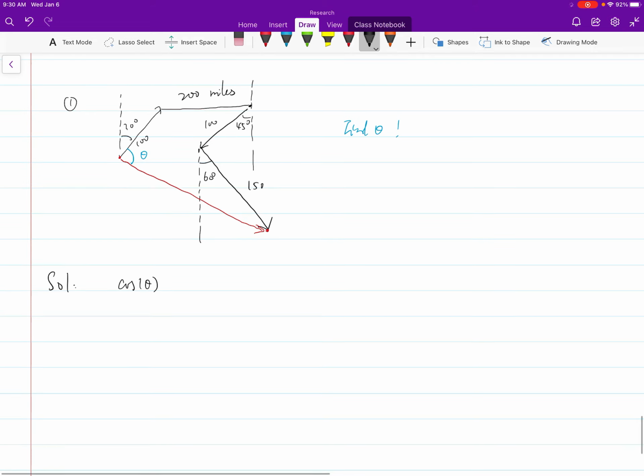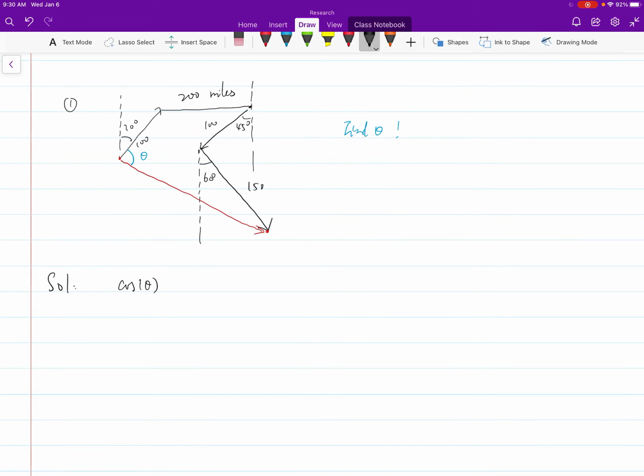Okay, what is cosine theta? Cosine theta will be the angle between two vectors.